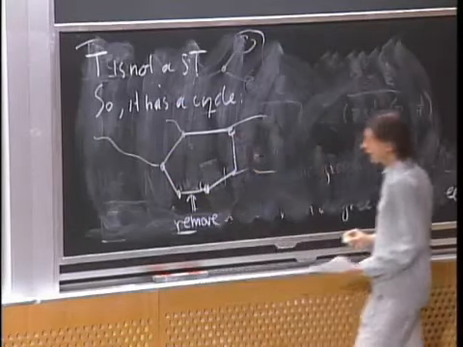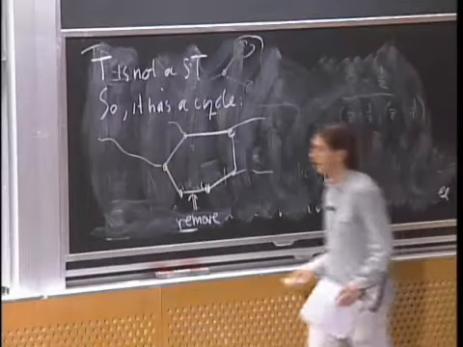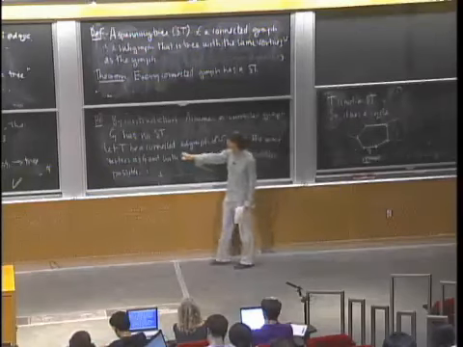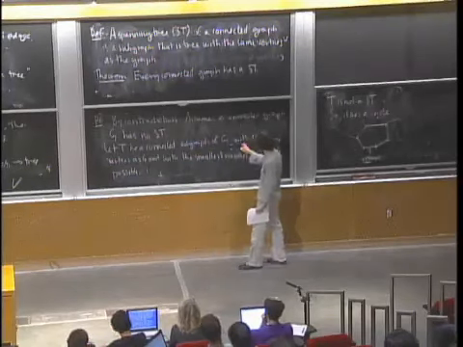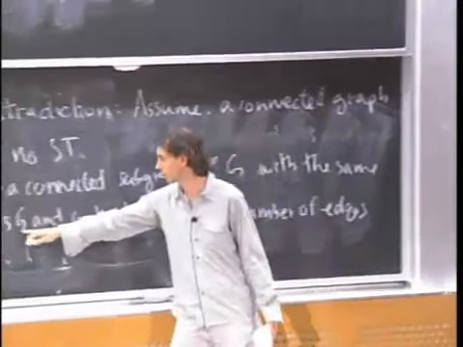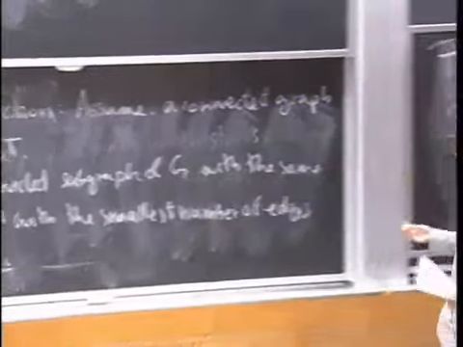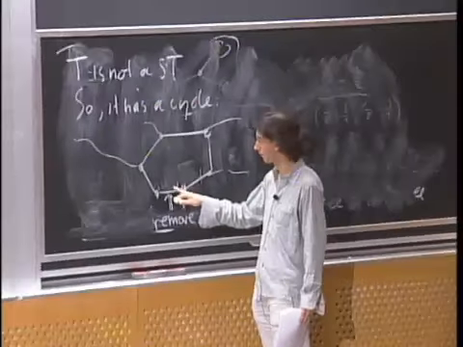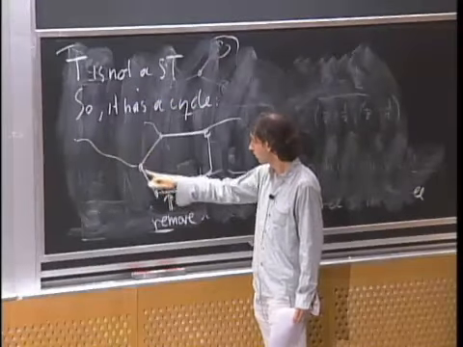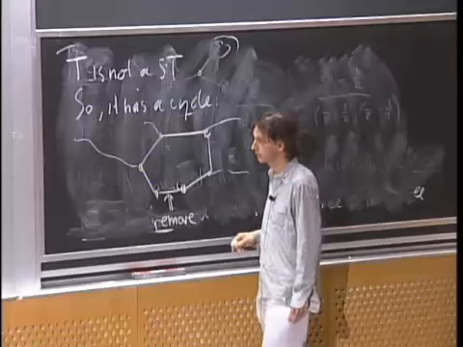Do we still have a connected subgraph of G that covers all the vertices of G? Well, of course it covers all the vertices of G because you only remove an edge over here, so that's fine. All these parts are still connected to the rest.